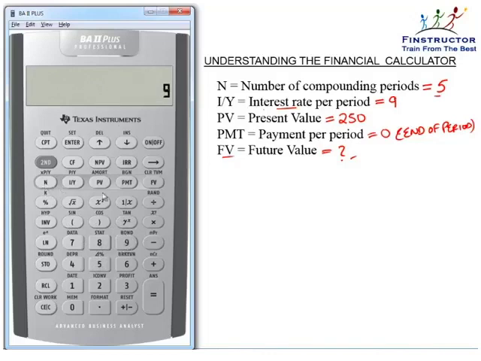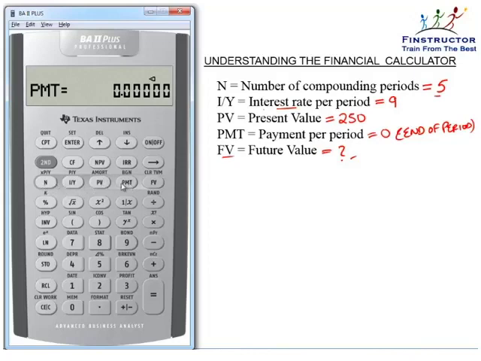Press 9 and then press I by Y. So you'll see I by Y equal to 9. Press 250 and then press PV. Press 0 and then press PMT. So we've given the 4 inputs.